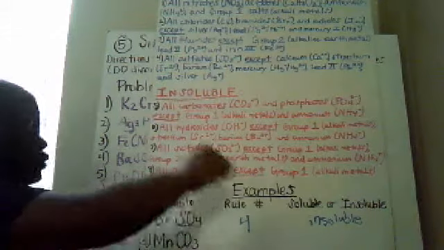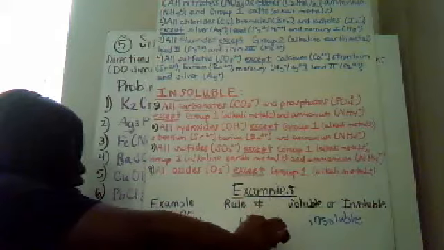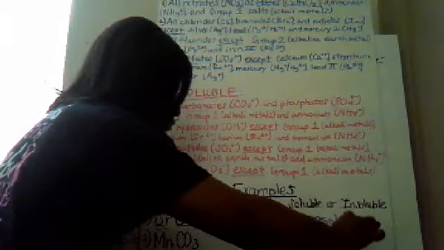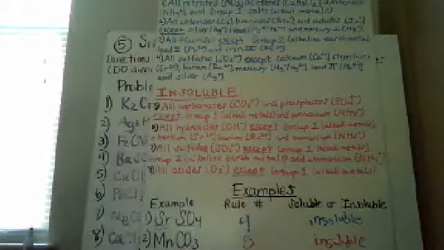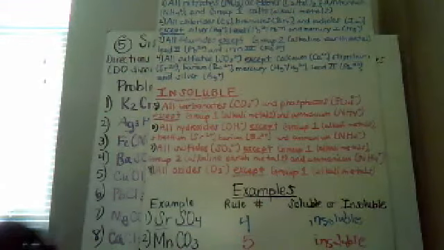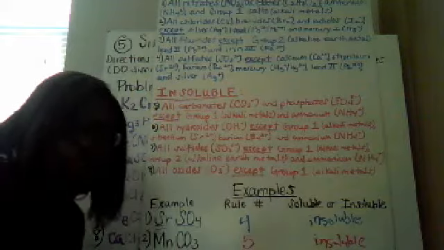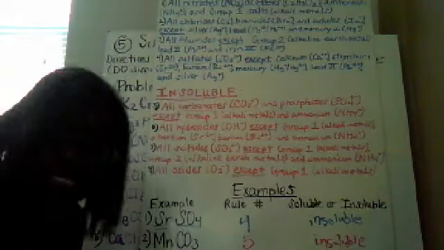And that was rule number 5. And we're going to write insoluble. And if you didn't understand why I used red and blue, even though one was soluble and one was insoluble, it's based upon the colors of the rules, so whether it came from the solubility rules or the insolubility rules.